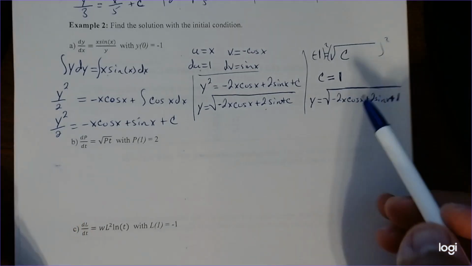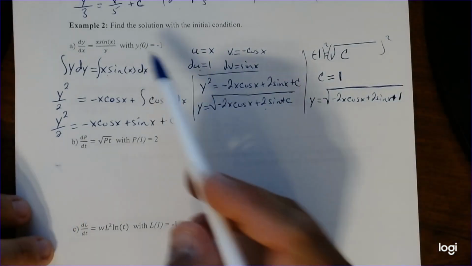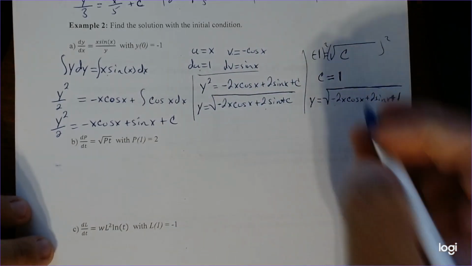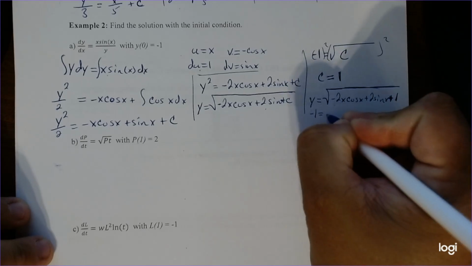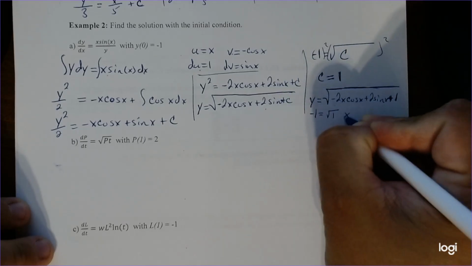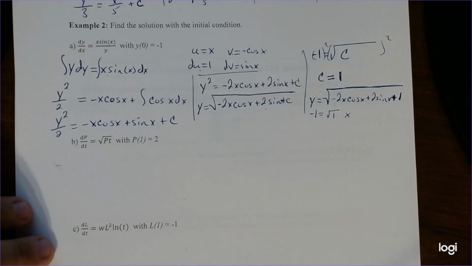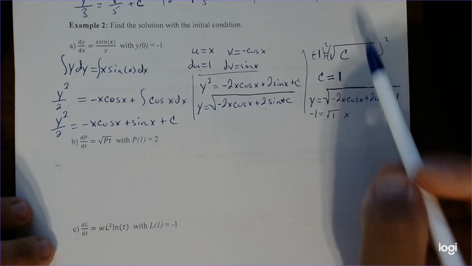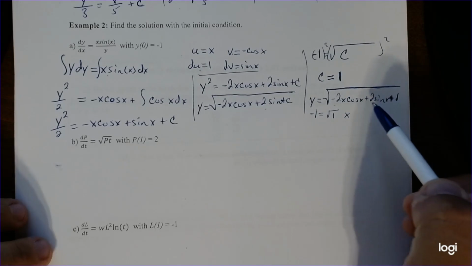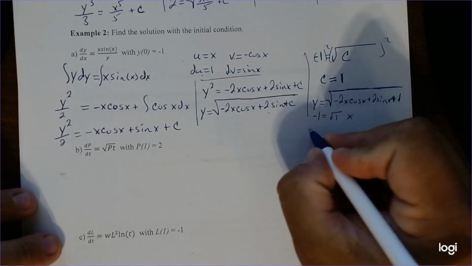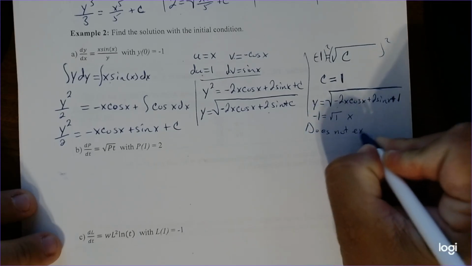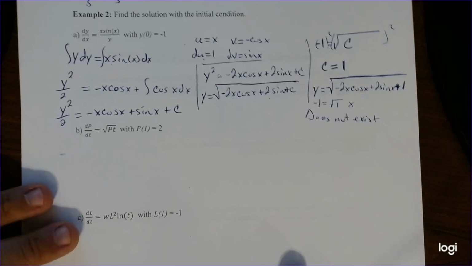If I plug in 0, everything goes away, it should be -1. We have a problem. That is not true, right? So even though we squared it, we got 1, it doesn't make sense. We don't get -1 out. So therefore, this actually does not exist for this portion.